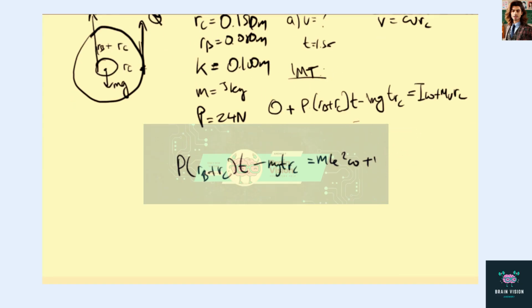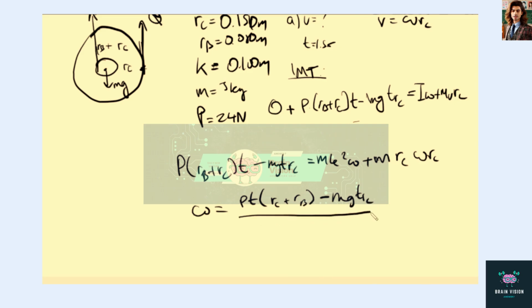So we can rewrite this as m RC omega RC. So now we have omega is equal to PT (RC plus RB) minus mgt RC, all over m k squared plus RC squared.